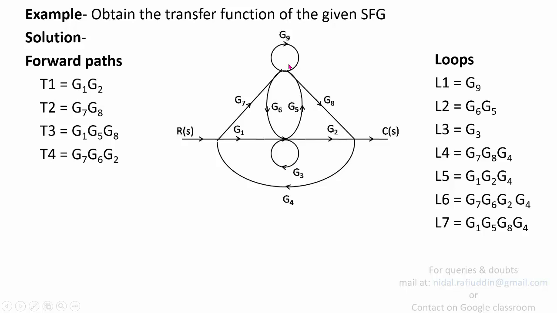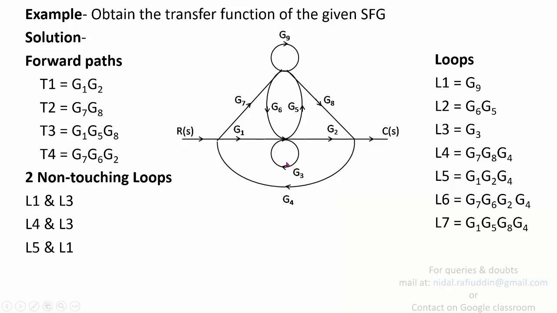So we identified three pairs of non-touching loops, which are L1 and L2, so L1 is G9, and L1 and L3. So G9 and G3 are non-touching. We are talking about these loops. And again, you have L4 and L3. L4 is G7, G8, G4. So G7, G8, G4 is non-touching to G3. Likewise, you have the third pair of loops, L5 and L1.